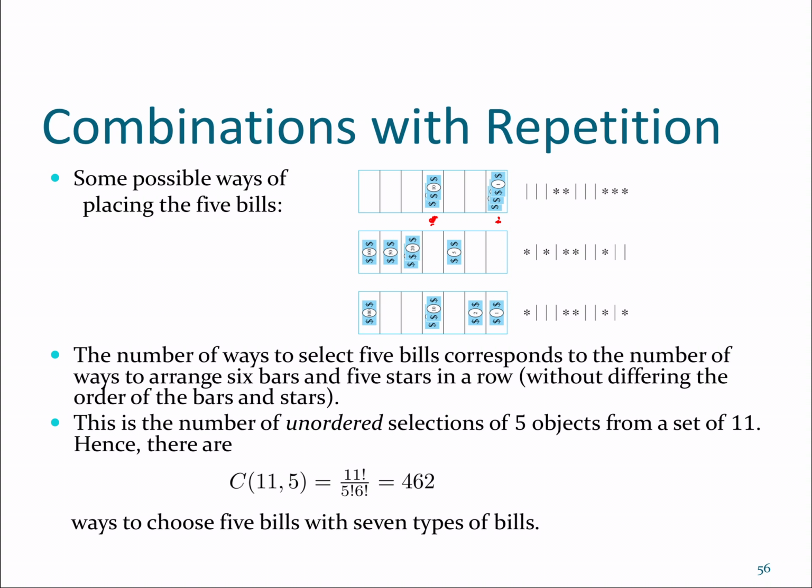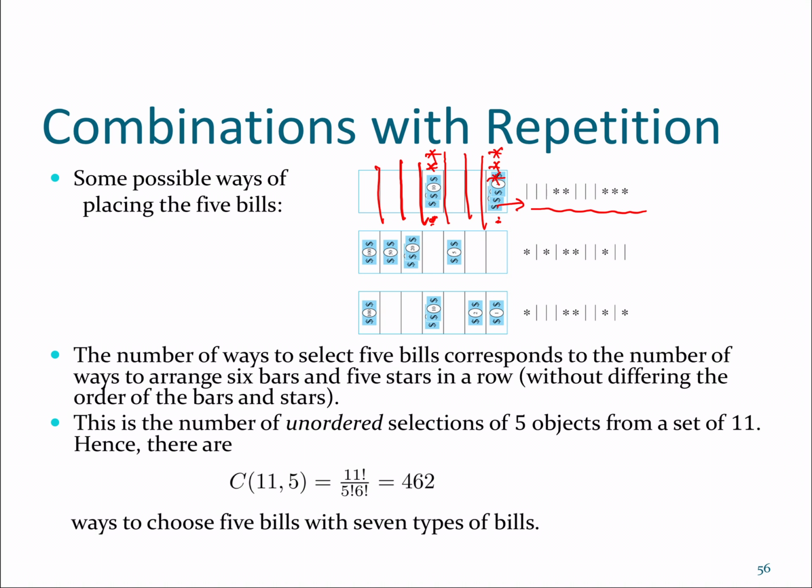If there's nothing in a box, you can consider there's a bar here, another bar here, and another bar here. If there are 2 bills here, you consider there are 2 bills here, and there is a bar here, and there are 3 bills here. This will be translated to the representation here.